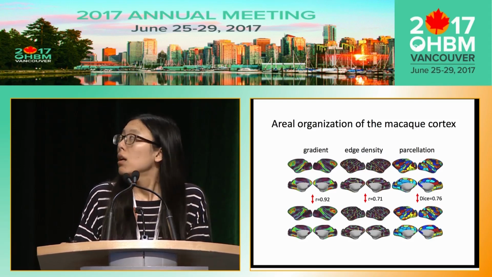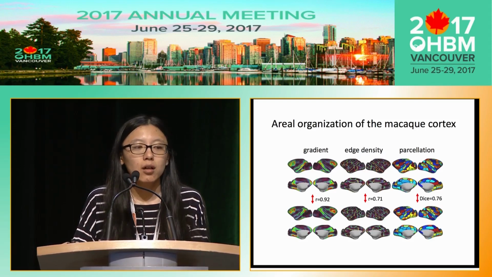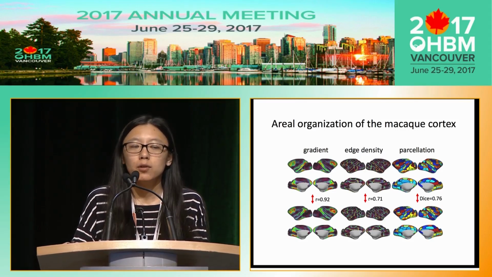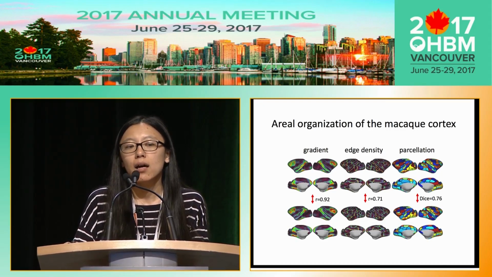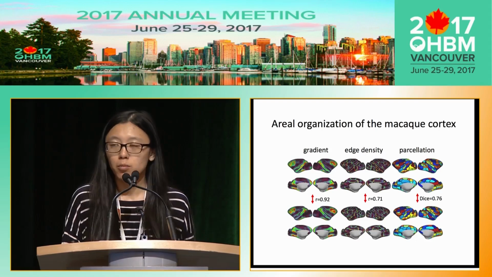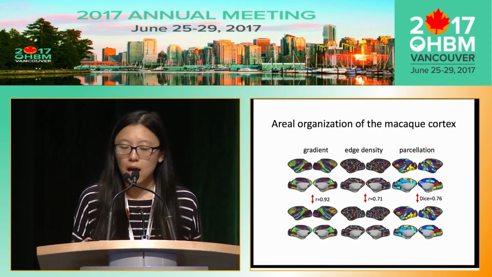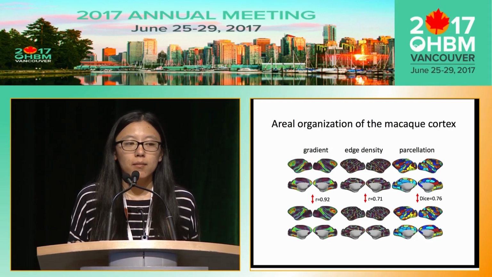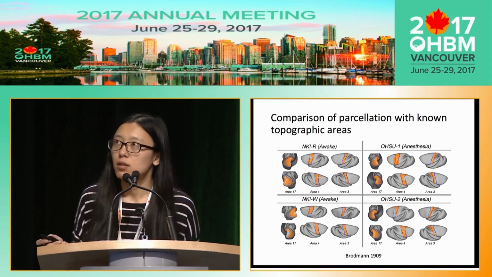As you can see here, the spatial correlation of the gradient map is 0.92 and 0.71 for the edge density map. It's pretty good. We could also look at the Dice coefficient for the parcellation. It reached 0.76. So now we know the functional boundary map is reproducible.